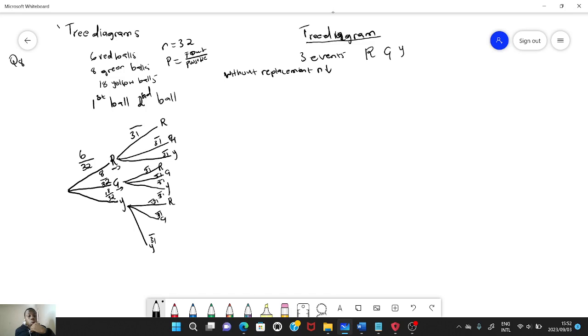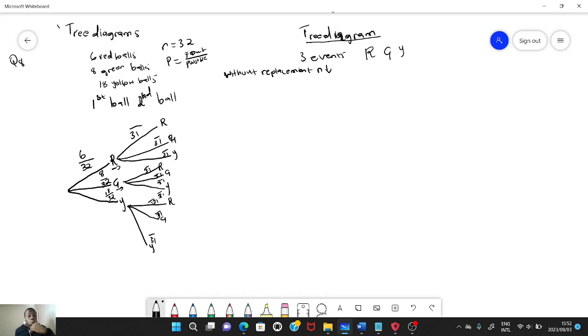How many red balls do I have? I have 6 over 31, since I've taken a single yellow ball from 32. The same thing applies with the green balls. I didn't touch any green balls because I was not rooted from green. Now I'll have 8 over 31.